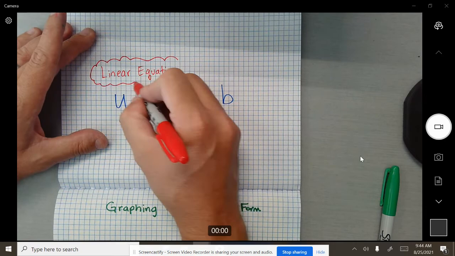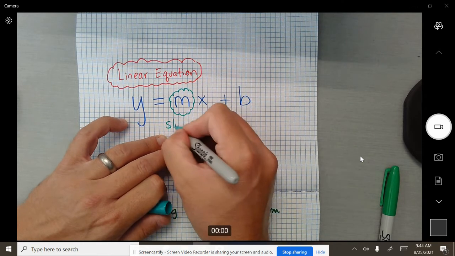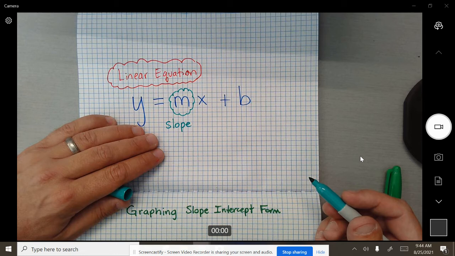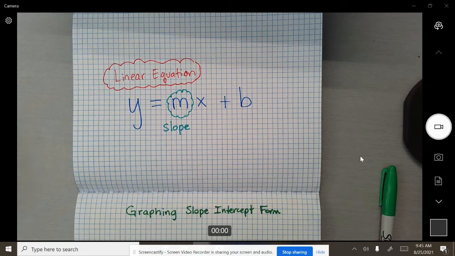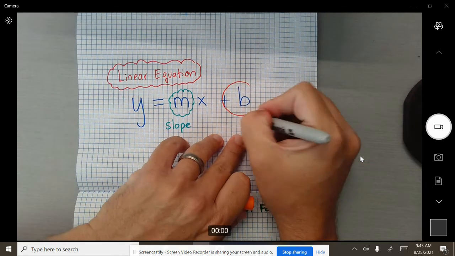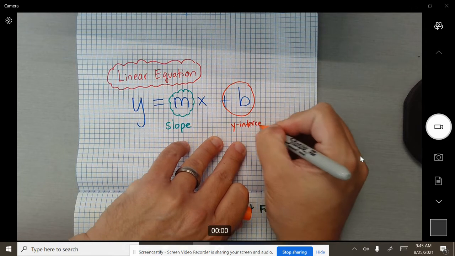The M, I'm going to use different colors. This is called the slope, which we have heard a ton. We know slope. Slope is rise and run or fall and run. And then this one over here, let me use a different color, it's called the y-intercept.